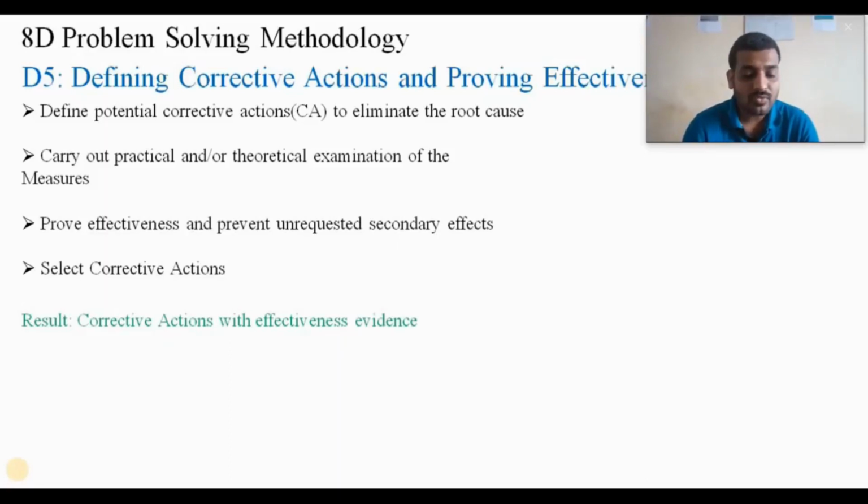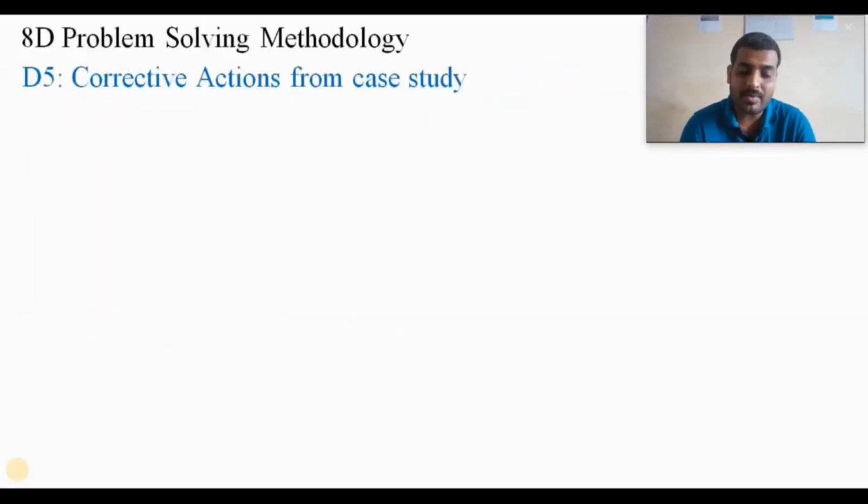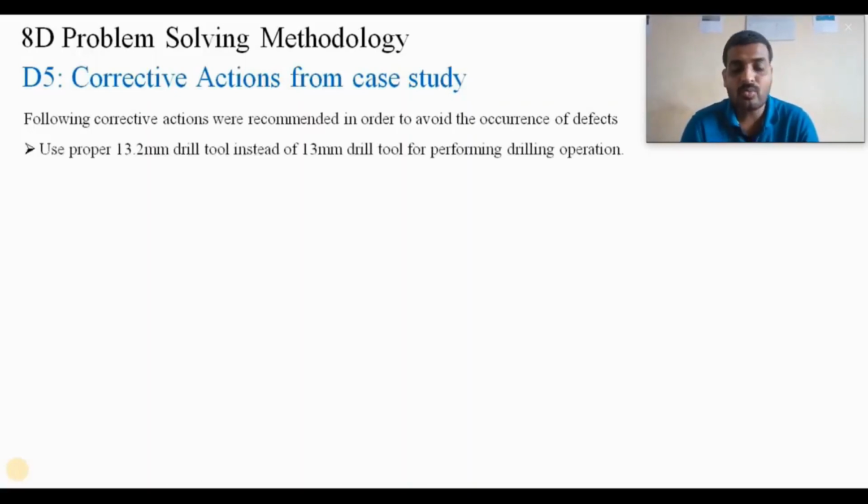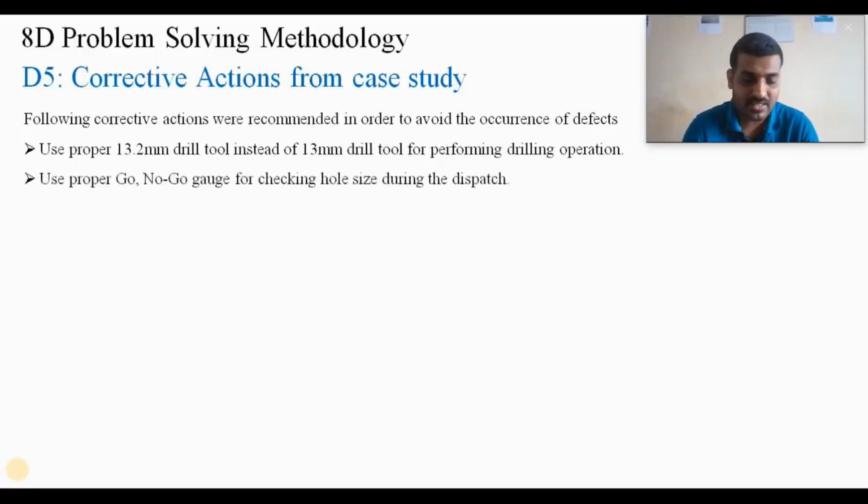The following corrective actions were recommended in order to avoid the occurrence of the defect. The use of the proper 13.2 mm drill tool instead of the 13 mm drill tool for performing the drilling operation. Then use of a proper no-go gauge for checking hole size during dispatch.